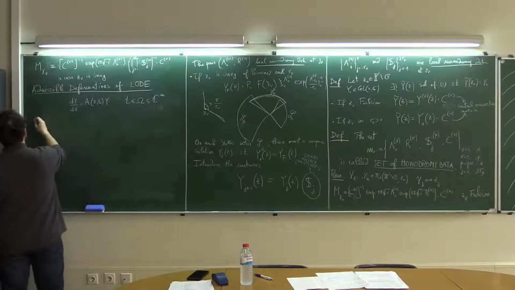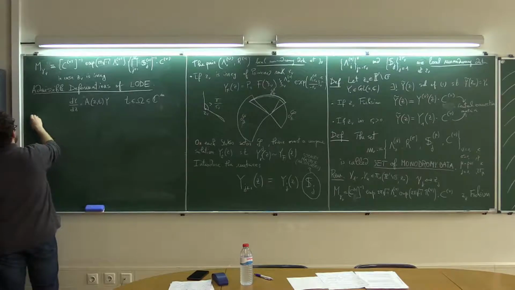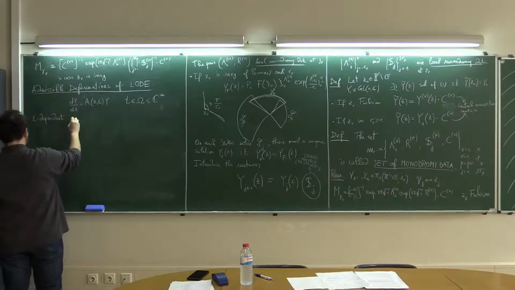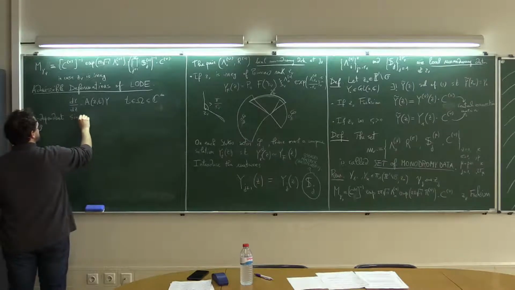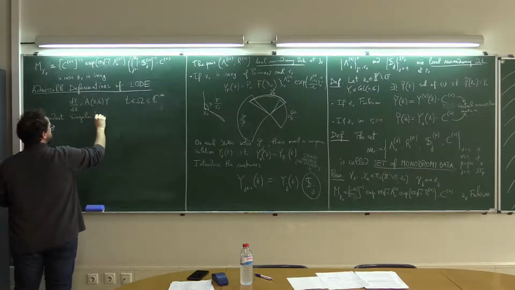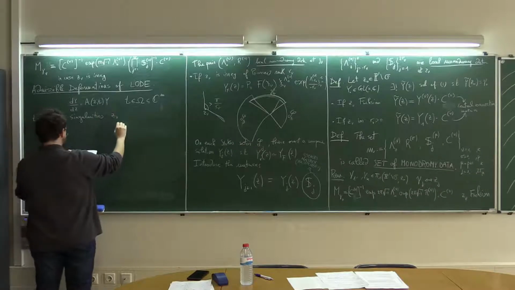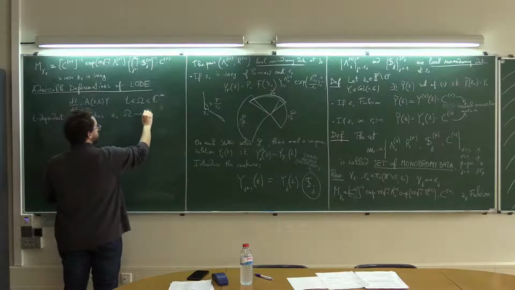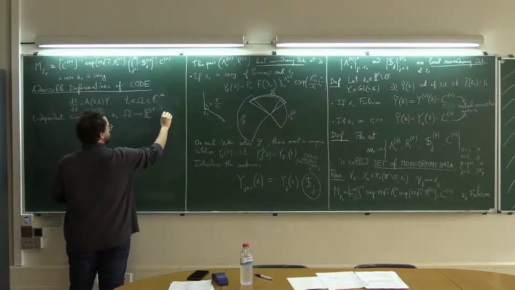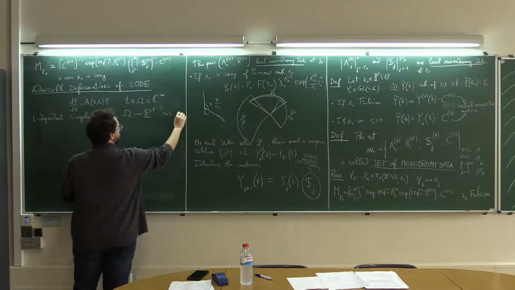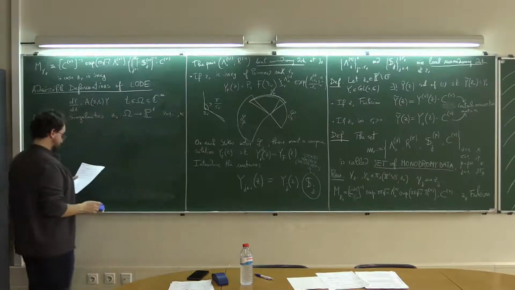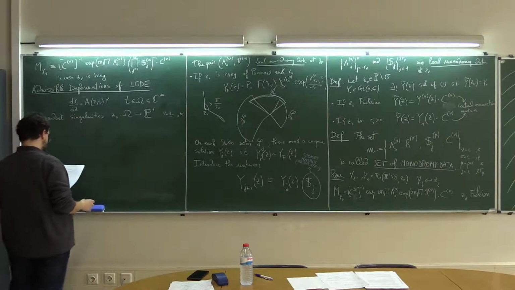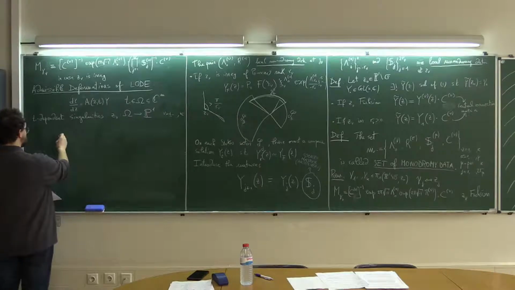And now we will have t-dependent singularities. I will denote them always by z nu, but now z nu will be functions from omega to P1. And nu, as before, runs from 1 to k. So now the picture we have is the following.